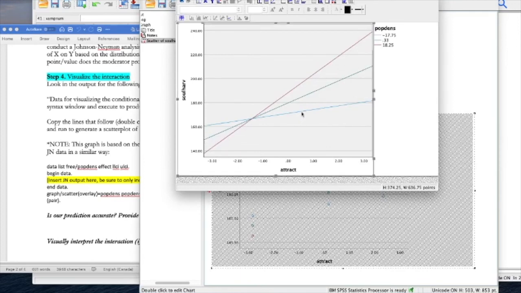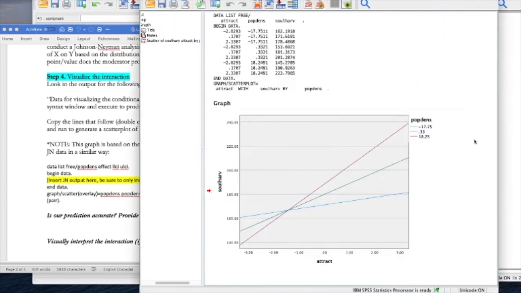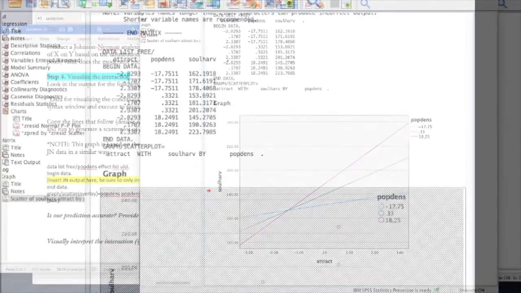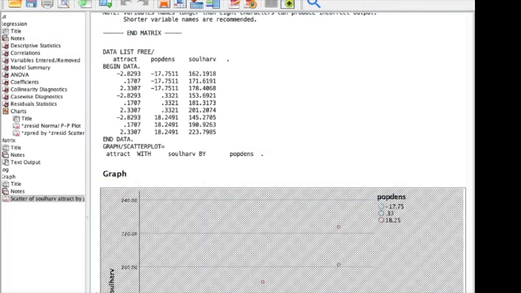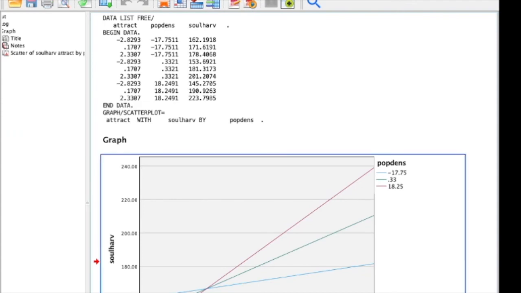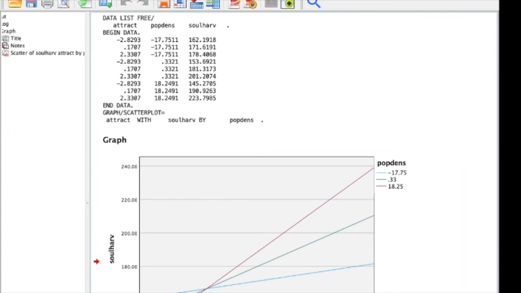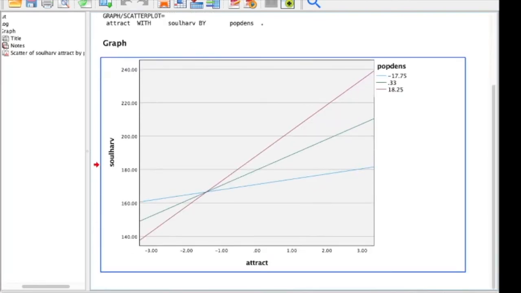Now, looking at it a bit bigger, we can see that below the mean, there's a very small relationship, and this is above the Johnson-Newman significant cutoff, significant region.